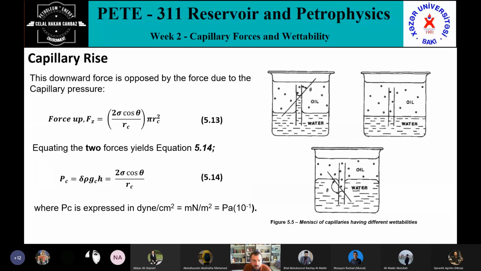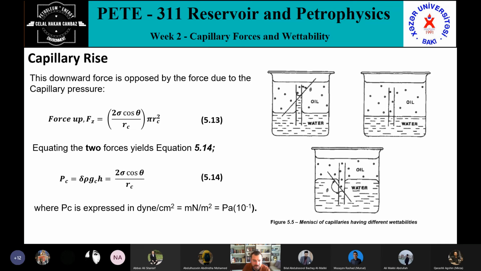So what about the force up? The upper pressure, the force actually applied to the upper part, will again be a function of the interfacial tension, the contact angle, RC of course, and P times RC squared.